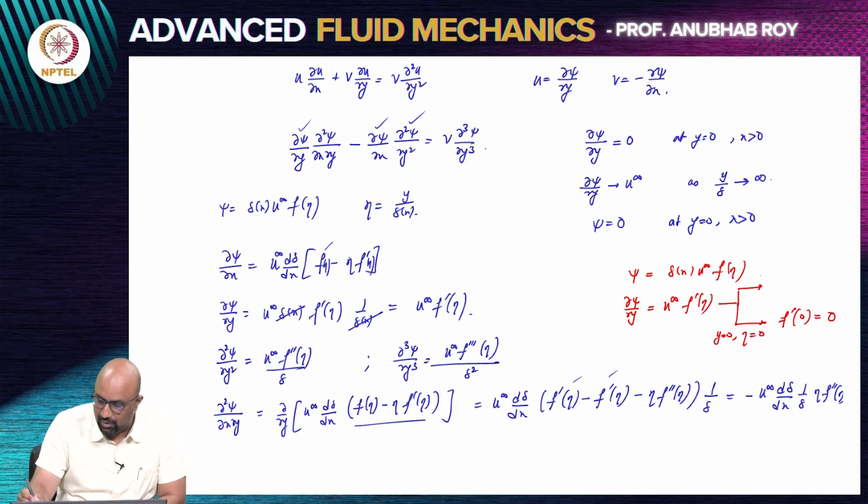At the edge of the boundary layer, where y by delta approaches infinity, this implies eta approaches infinity. So your boundary condition is f dash of eta equals 1.